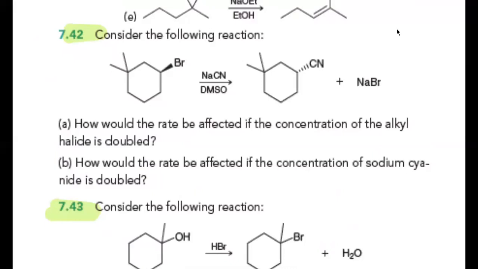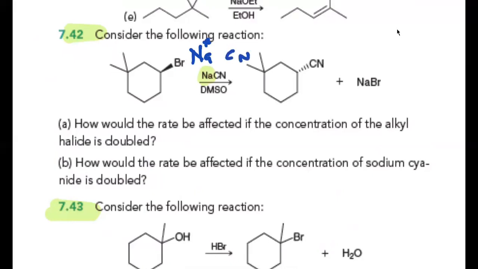So you've got 1-bromo-2,2-dimethylcyclohexane, and you reacted it with sodium cyanide. When you see sodium in there, as a rule of thumb, you can write it as a salt, so you'll know exactly what the nucleophile is. Whatever atom sodium is close to, that atom is negative.